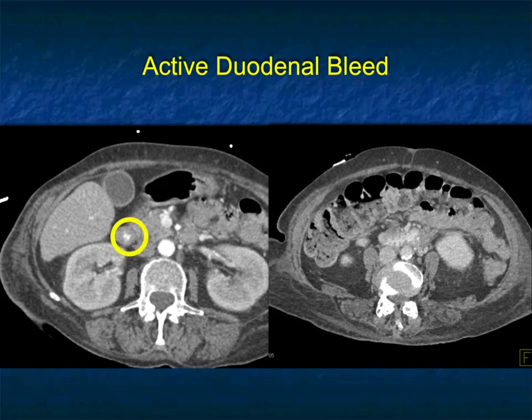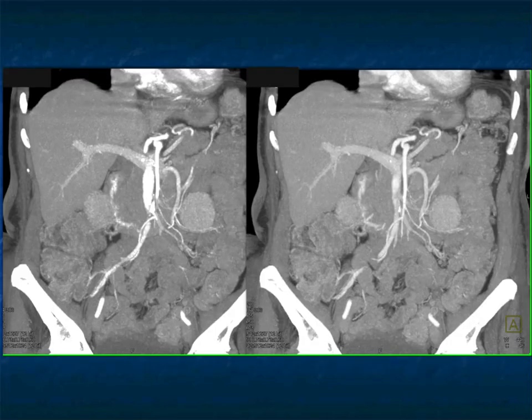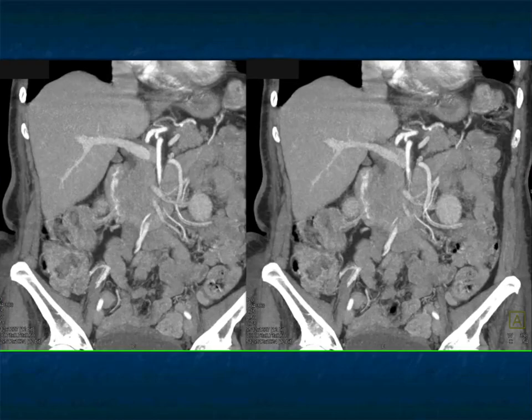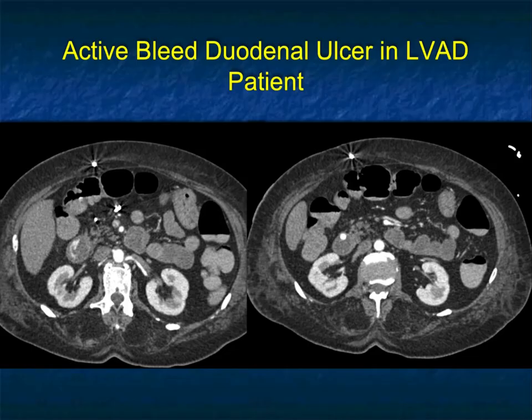Also, its positioning will typically change as well. Here it's beautiful. Look at the MIP, how the bleed is really going through the entire C loop. Almost looks like a double contrast upper GI series from the old days with positive contrast, but that's active bleeding in the duodenum, very nicely shown in this example as well.